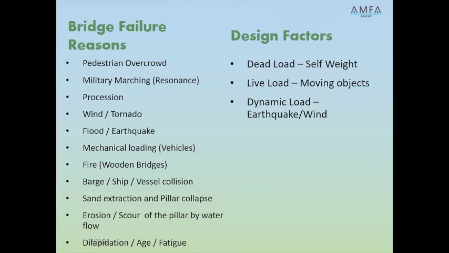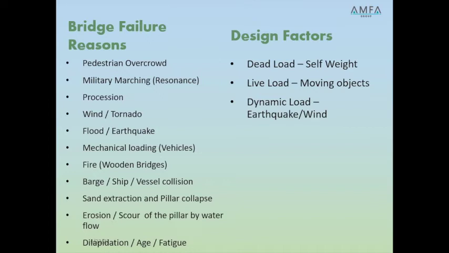Other causes are wind or tornado, flood or earthquake, then live loads, vehicles, and mechanical loading. If it's a wooden bridge, fire can cause failure or damage. Heavy vessels, ships or barges sailing across the stream can hit the pillar or the bridge and cause damage and collapse.